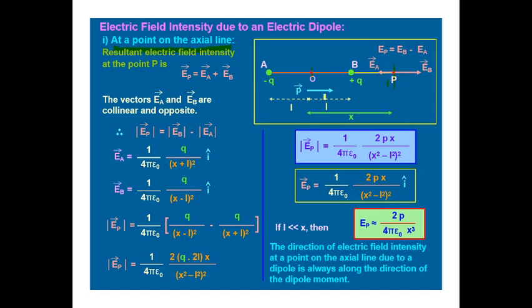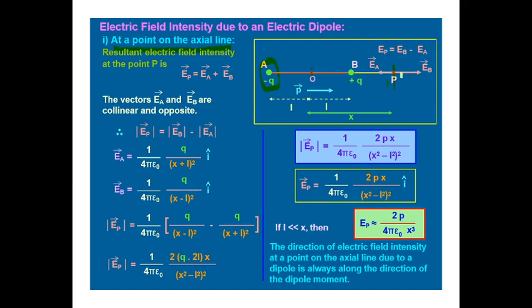So let us say the electric field intensity at a point P due to the negative charge at A. This is the negative charge at A. So the electric field at point P will be toward the charge. It is represented as EA, toward the negative charge. When the charge is positive, the field is directed away from the charge.